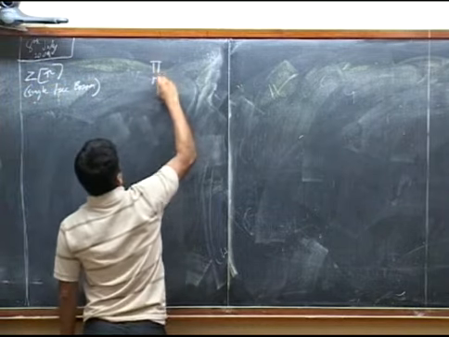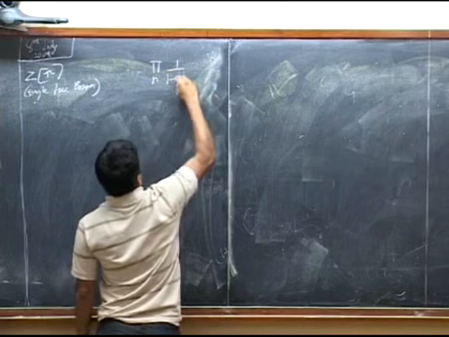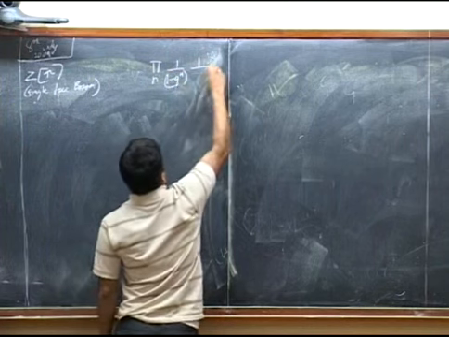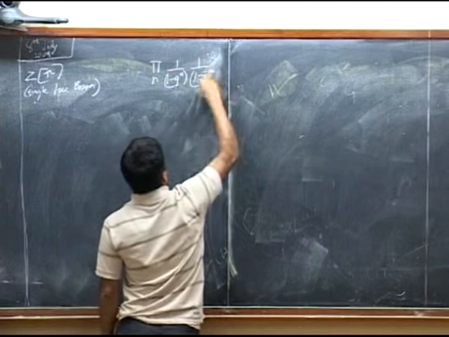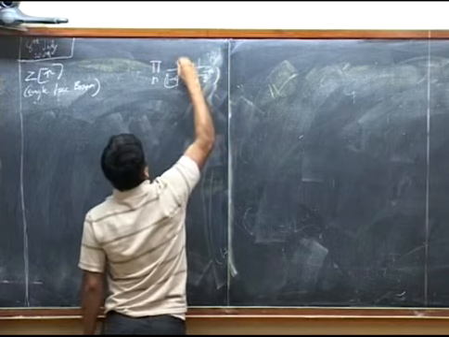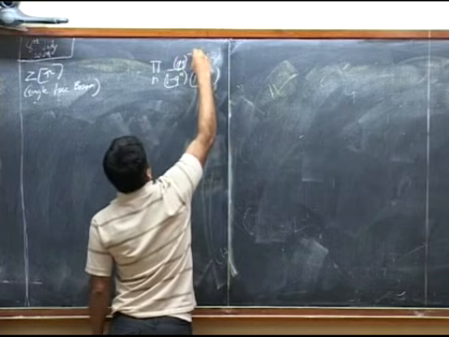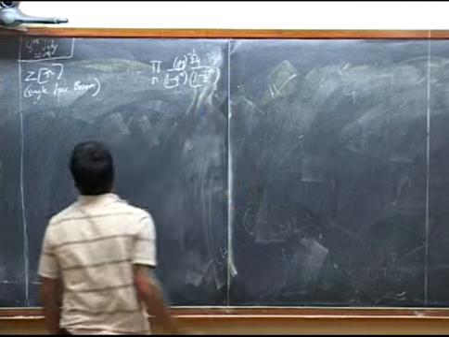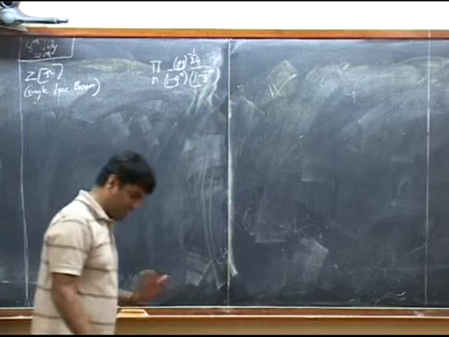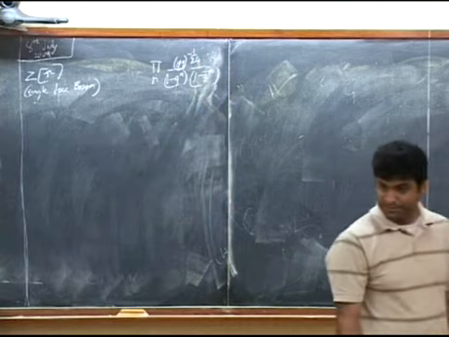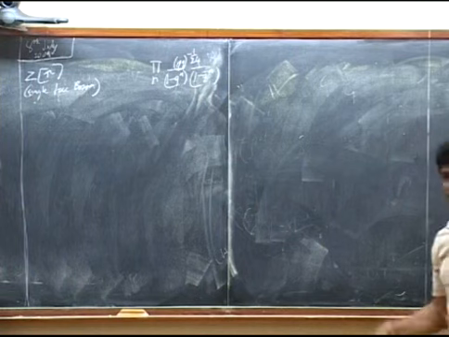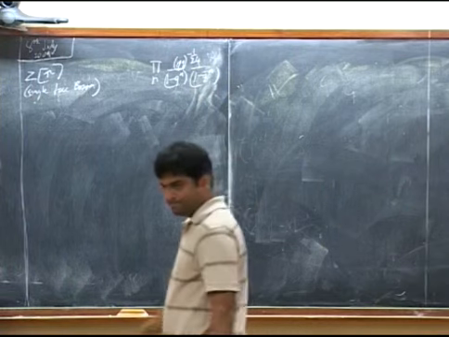We know it's the product over n of 1 over (1 minus q to the power n)(1 minus q bar to the power n), and then q bar to the power minus 1 over 24, where q as usual is e to the power minus 2 pi tau.